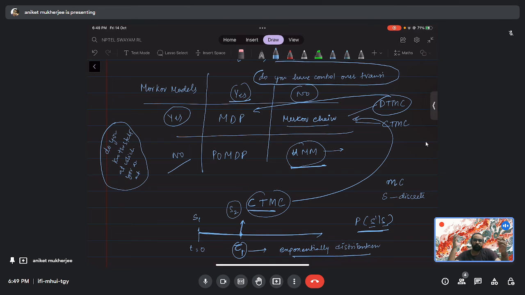Maybe now you could try: if I have an underlying CTMC problem, could you come up with an RL algorithm? Interesting questions. But how about we just replace time with steps? So I take one step, and yes, I am discretizing it basically. I think CTMC plus RL, I have not heard.